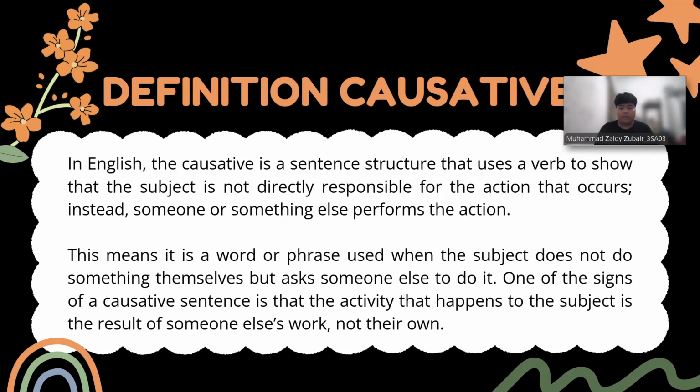This means it is a word or phrase used when the subject does not do something themselves but asks someone else to do it. One of the signs of a causative sentence is that the activity that happens to the subject is the result of someone else's work, not their own.